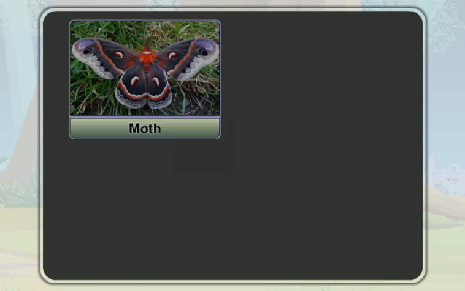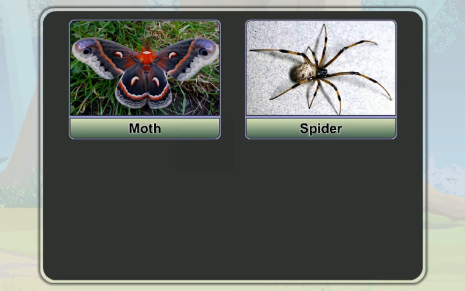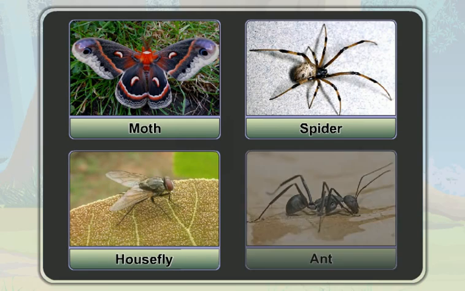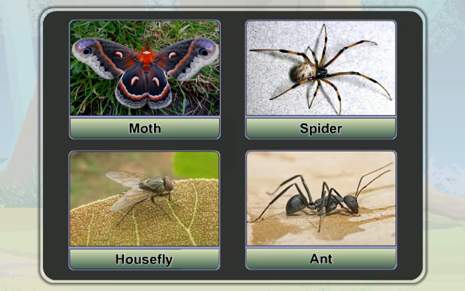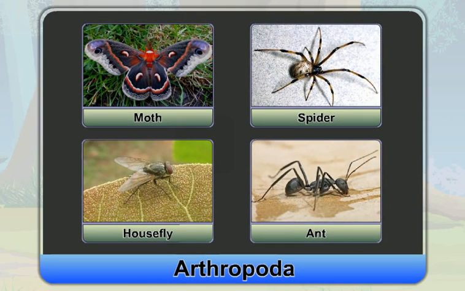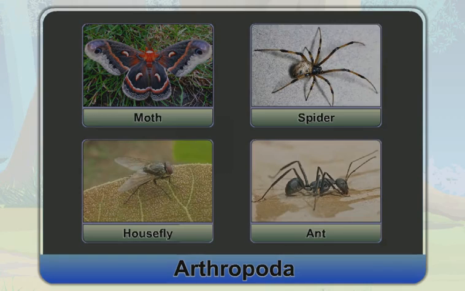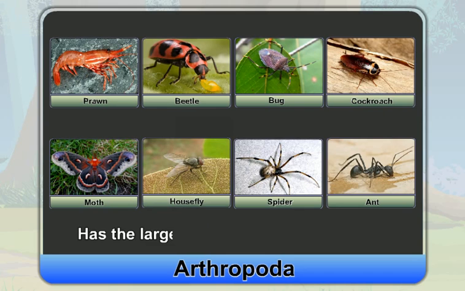Invertebrates like a moth, a spider, a housefly, and an ant also belong to the phylum Arthropoda. The phylum Arthropoda has the largest number of invertebrates.